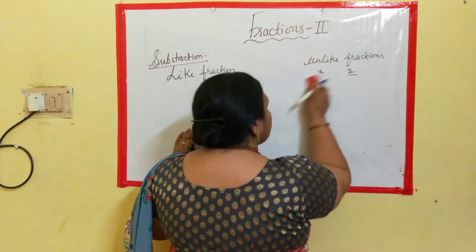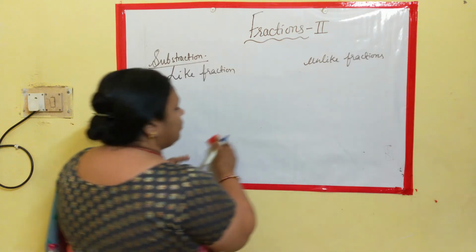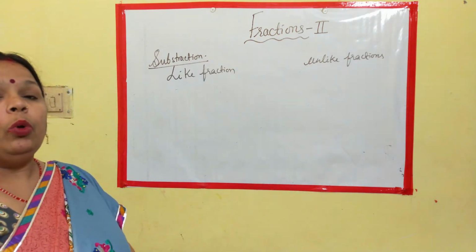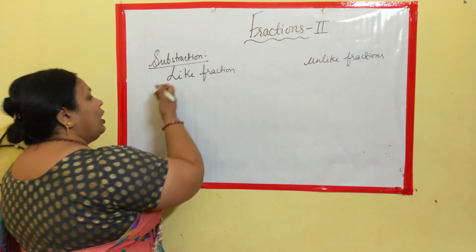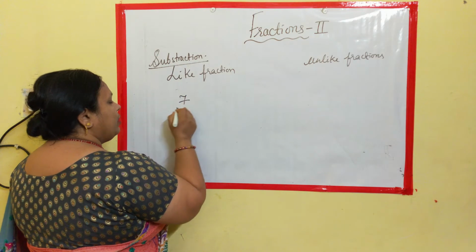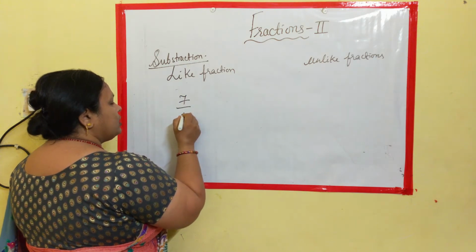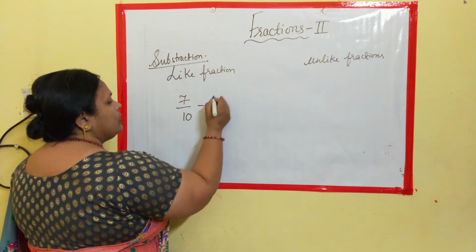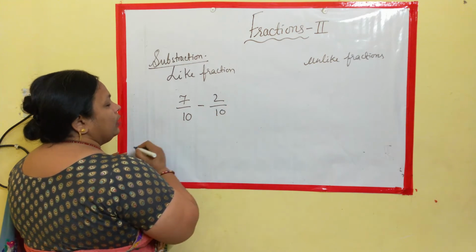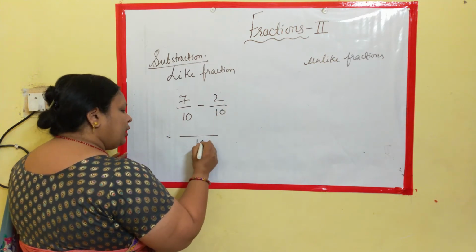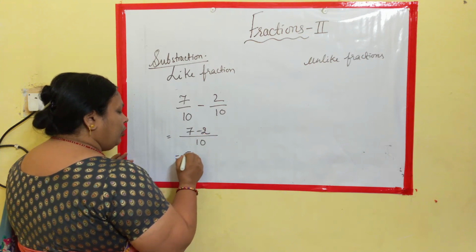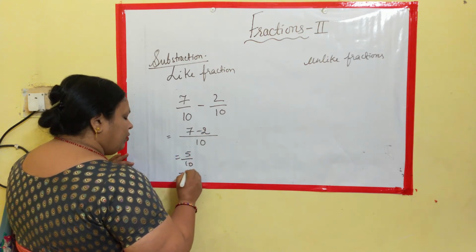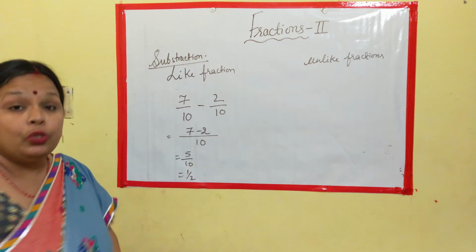The process is going to be the same as what we have done for addition. Like fractions: 7 by 10 minus 2 by 10. Common denominator, subtract the numerators, you are going to get 5 by 10, which is nothing but 1 by 2.